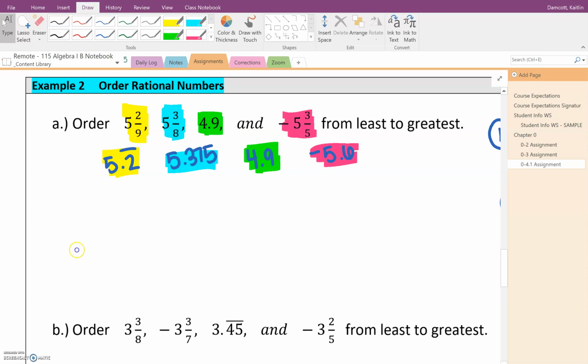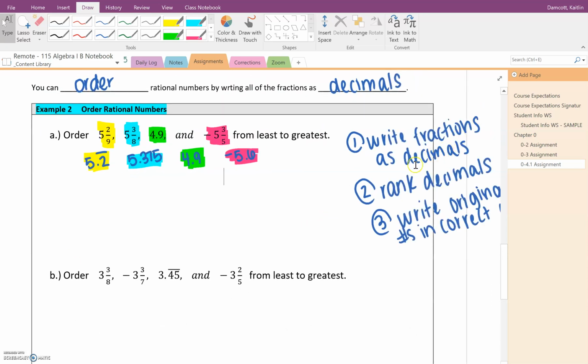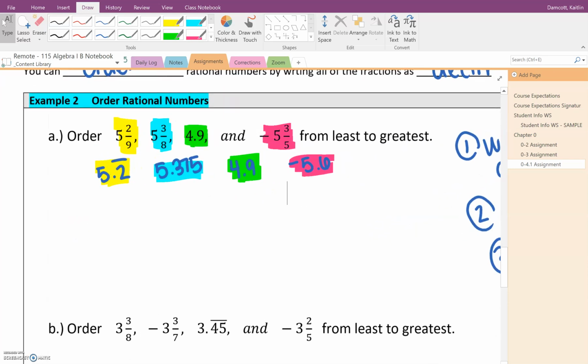Okay, so we've completed the first step. So we wrote each one as a decimal. Our next step, we want to rank these. So put them in order from least to greatest. Now, obviously, looking at these, we've got only one negative, so this is going to be the smallest one, so I'm ranking that as number 1. And then we're comparing the 5, 5, and 4, so this is the next smallest.